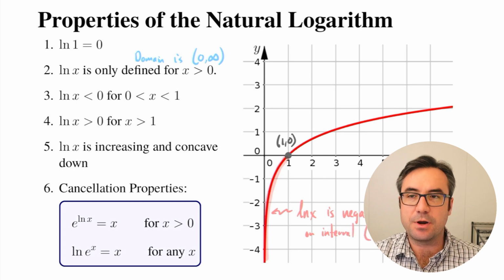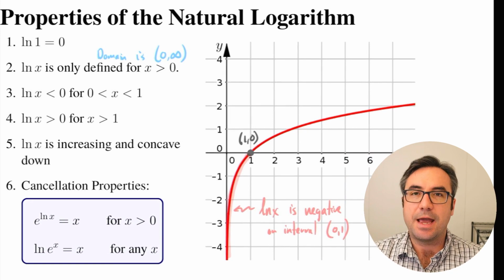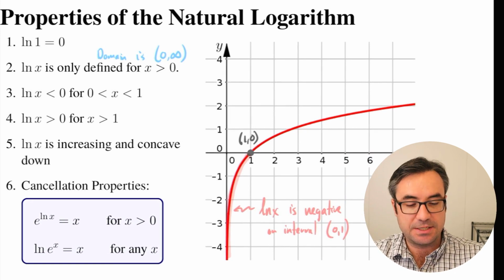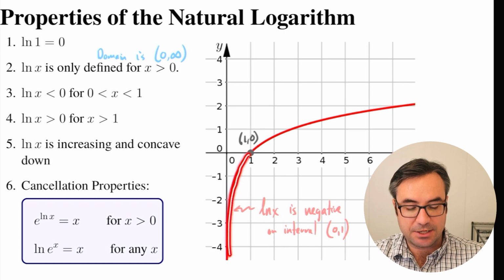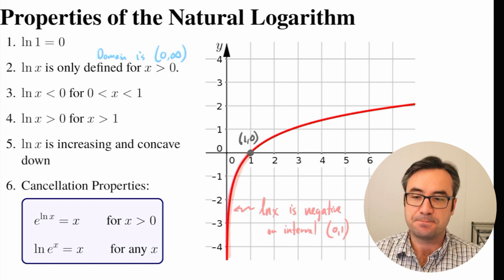So you pick any number between 0 and 1, and the natural log function would give you a negative value. You can see that because on that section, it's below the x-axis.